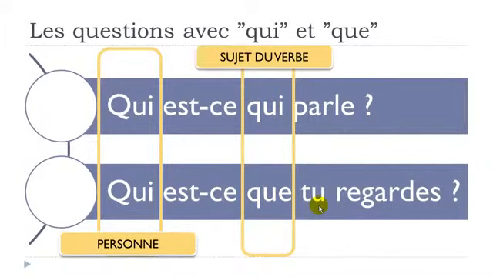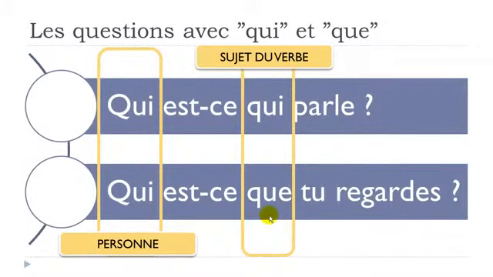So the first one, you will use qui just because you will ask the question regarding the subject of the verb. You get the verb here, parler, okay? And the information that you want to have concerns the subject of this verb.